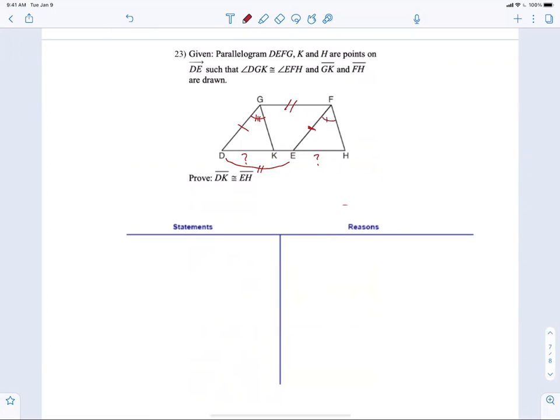This right here. Would you say GDK is corresponding to FEH? Yes.